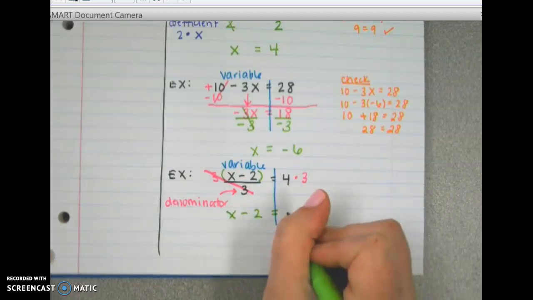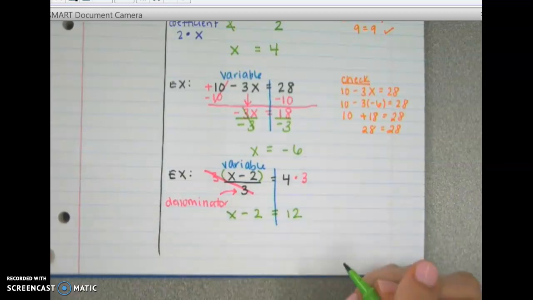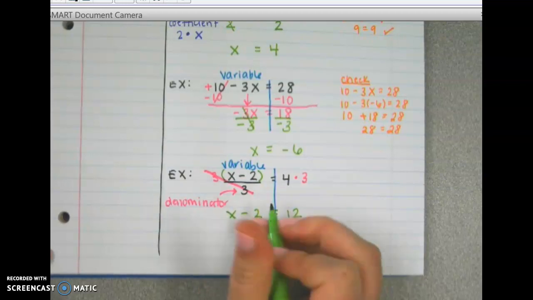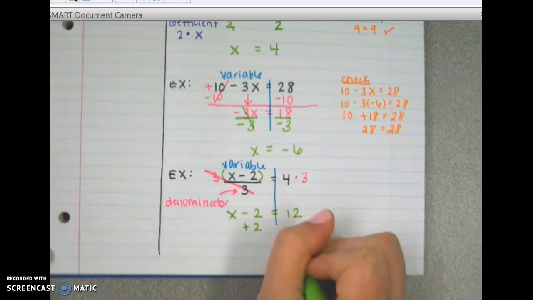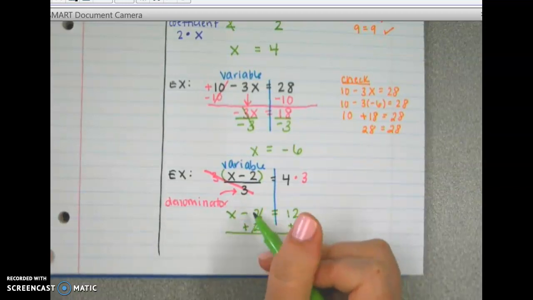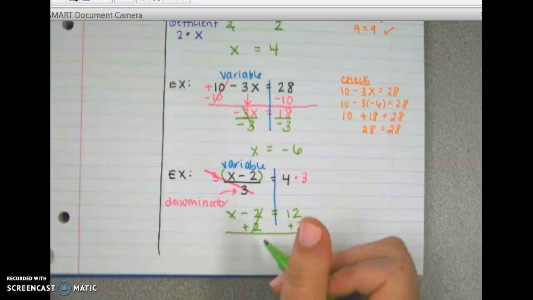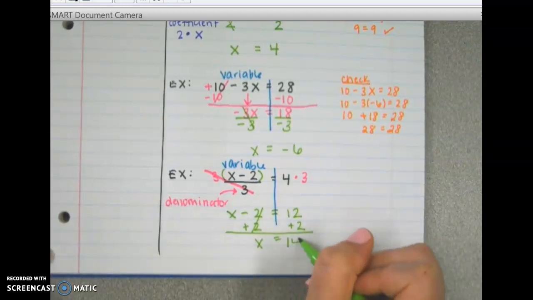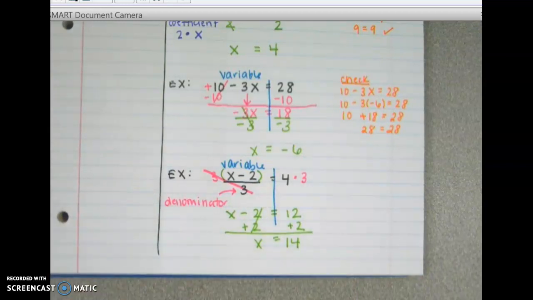4 times 3 is 12. Now we can undo this. So the opposite of minus 2 is plus 2. That cancels because they're opposite. And I have to work out this side. 12 plus 2 is 14.